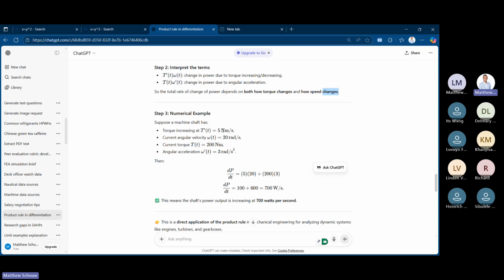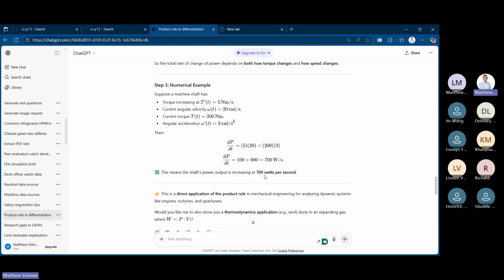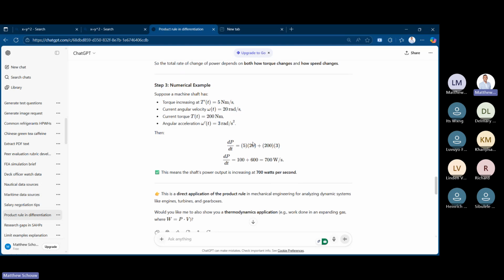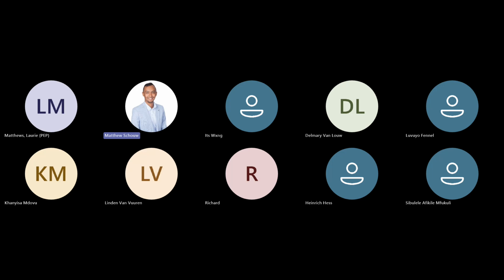If your torque is increasing at a given rate, you have your current angular velocity, your current torque, and you can get the angular acceleration at that particular time. This means the shaft power output is increasing at 700 watts per second. So that's another way of viewing or using the product rule. But anyway, let's quickly try to unpack the standard math.